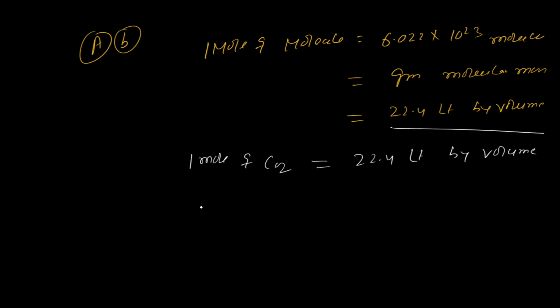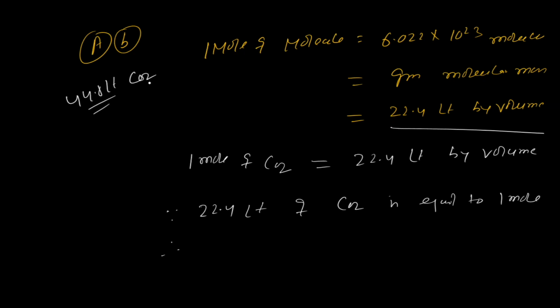How? Have a look here. Since 22.4 liter of carbon dioxide is equal to 1 mole. Therefore, you have to find out for, in the question it is given, 44.8 liter CO2. So for 1 liter will be equal to 1 upon 22.4.